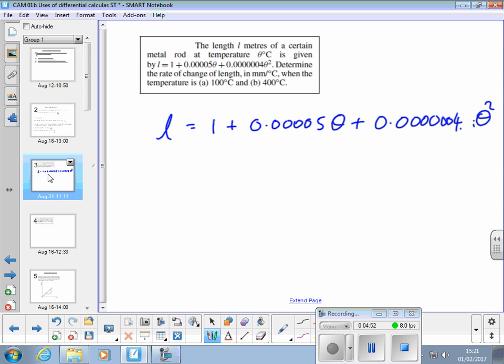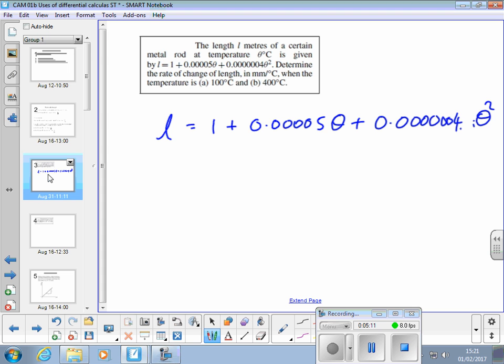So that gives the length of that rod at a particular temperature. The question's asking you to find the rate of change of length, sorry, at two given temperatures.